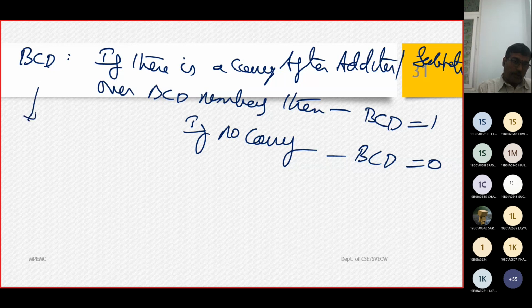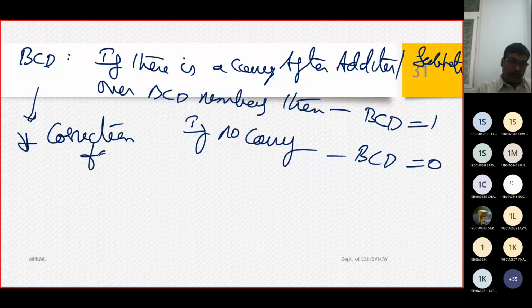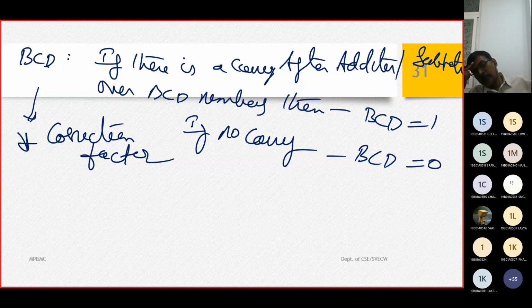When we are working with binary coded decimal numbers, we have a word called correction factor.